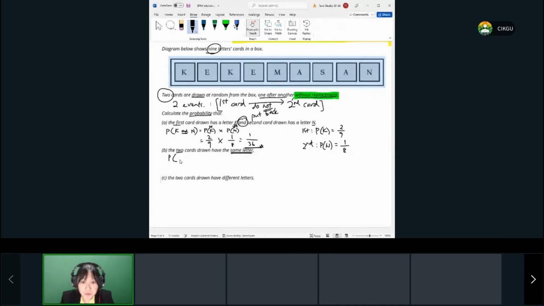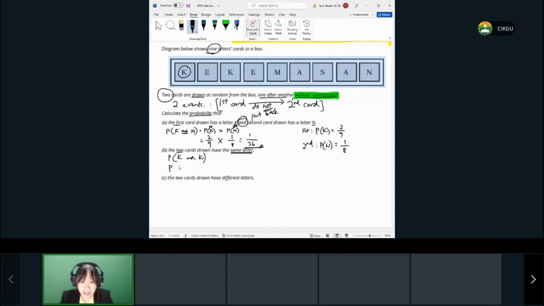Okay, first case. Let's just say the first card I draw is a K. They said the 2 cards must be the same letter. That means if the first card is K, then the second card must also be K. This is one possible case. But that's not the only possible case, right?